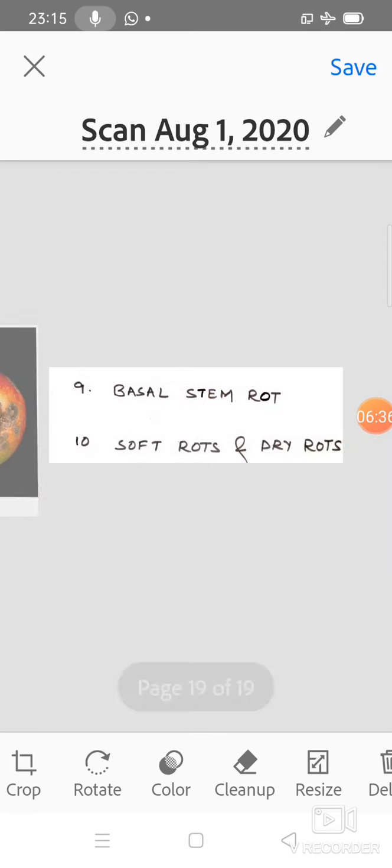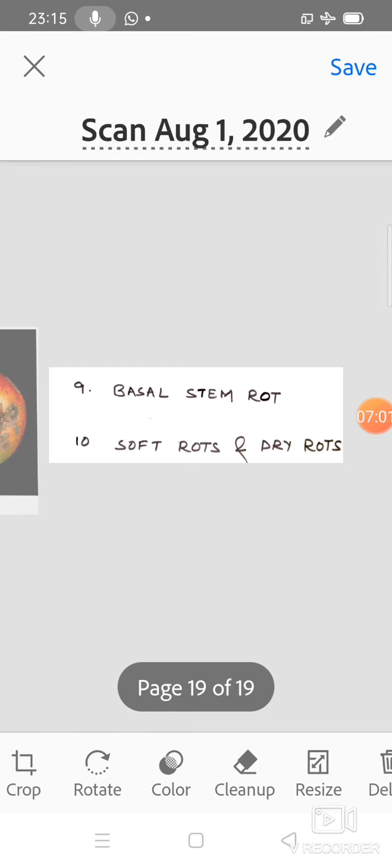The ninth symptom is basal stem rot. As the name suggests, there is disintegration of the lower part of the stem. Basal rotting of the stem at the base. The tenth symptom is soft rot and dry rot.